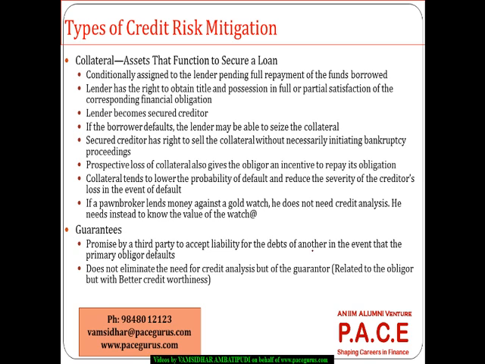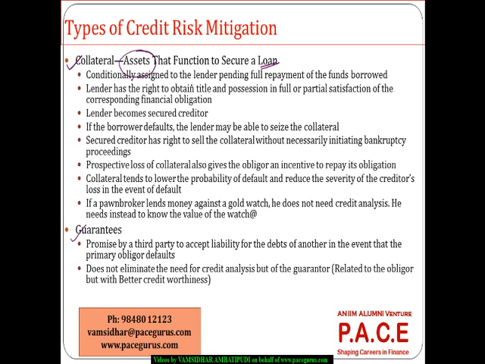Now, when I have to deal a little bit more into these types of credit risk mitigation, we talk about two broad types, the collateral and the guarantee. Collateral are those kinds of assets which are securing a loan.